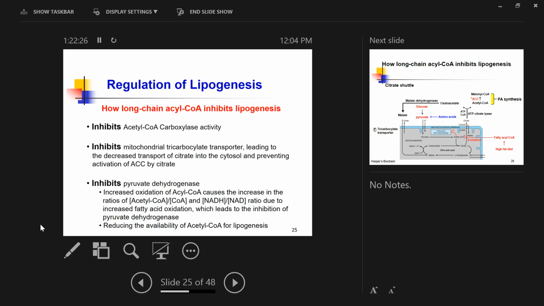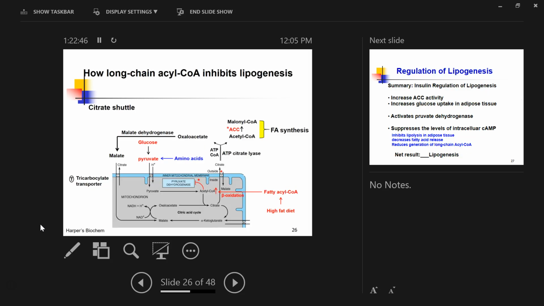And lastly, long chain acyl-CoA can also inhibit pyruvate dehydrogenase. This is the enzyme that catalyzes the formation of acetyl-CoA from pyruvate, right? And so three mechanisms, and in the next slide I give you more details, right?